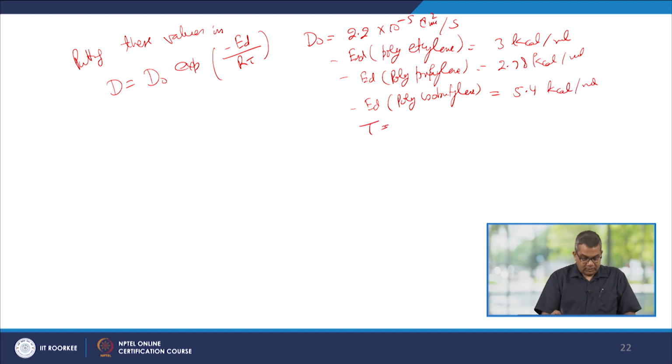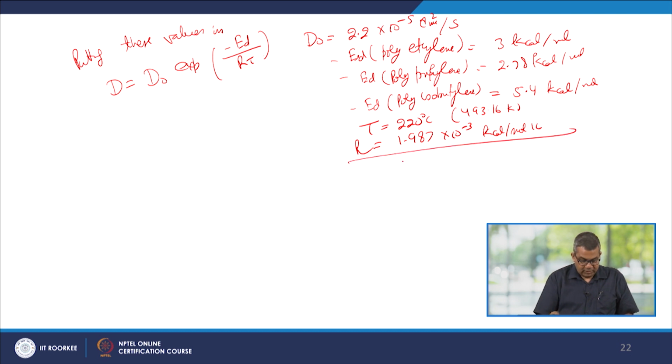T is given as 220 degrees Celsius, that is 493.16 Kelvin, and R is equal to 1.987 into 10 to the power minus 3 kilocalorie per mole Kelvin. See the consistency of the units.